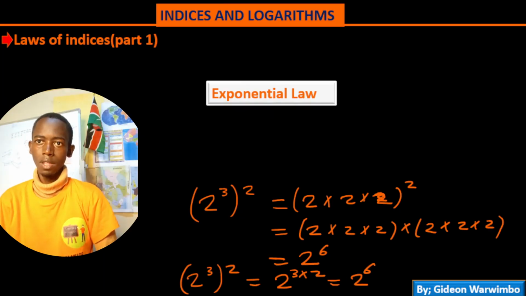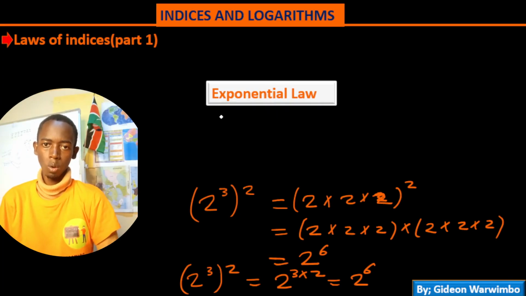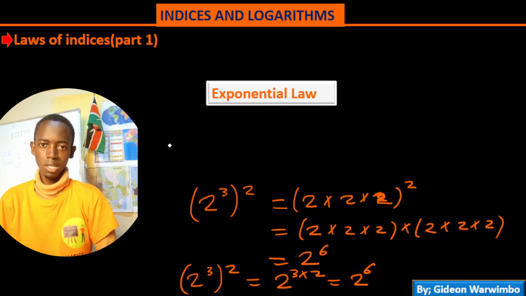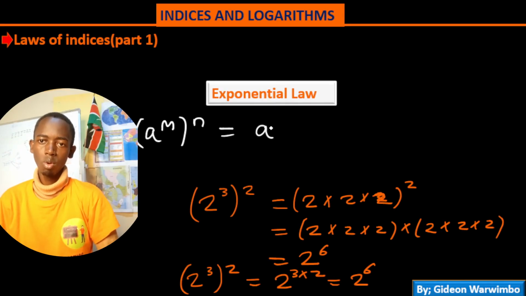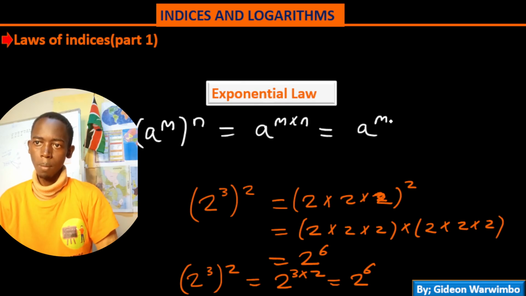And that is the point where we get to have a formula for this. The formula that we've used is what is called the exponential law. How we represent that law in a way we can read is that when you've got a case like a to power m, and then that is raised to another power n, then that is equivalent to a to power m multiplied by n, which is a to power mn.